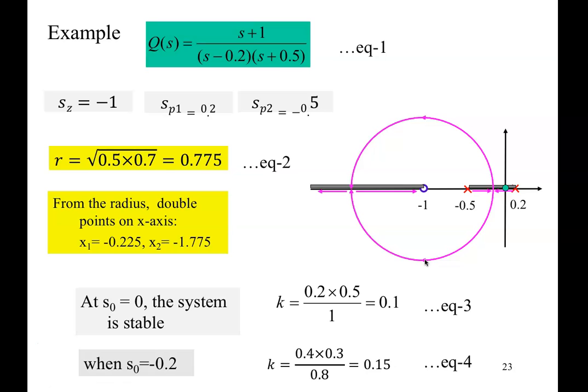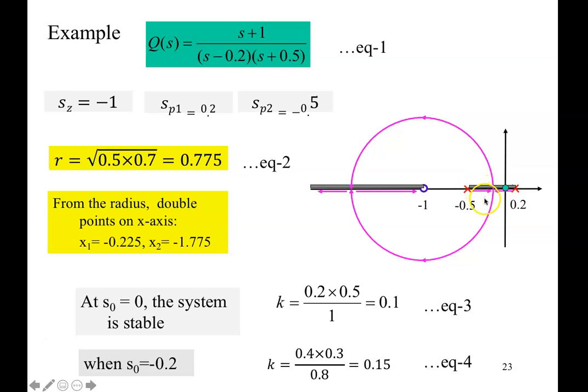That's the first part, that's the RootLocus diagram. But I can also work out the gains as well. To make the system stable is when this closed loop pole moves from here to there, where s equals 0. So all I need to do is work out the distance between s equals 0 and 0.2, which gives me 0.2, between s equals 0 and minus 0.5.